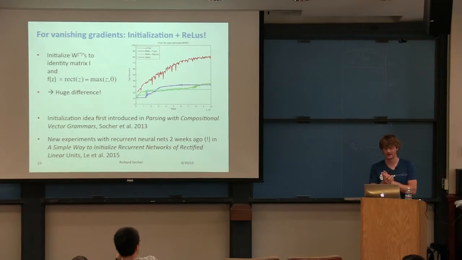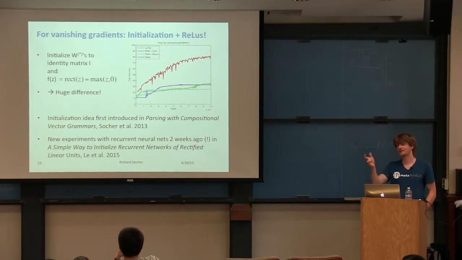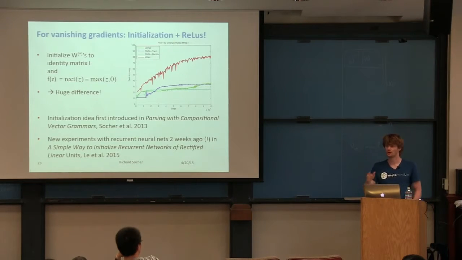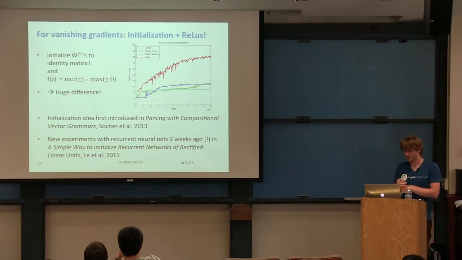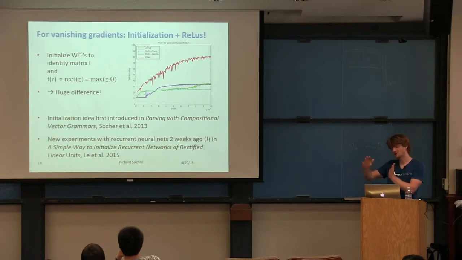Basically, two things. One, we can initialize our hidden to hidden W to be the identity matrix. That is the first thing. That way, as you combine the next step, you kind of just average things in the beginning, and then you go from there. And the other one is to use the rectified linear units instead of sigmoid or tanh units.